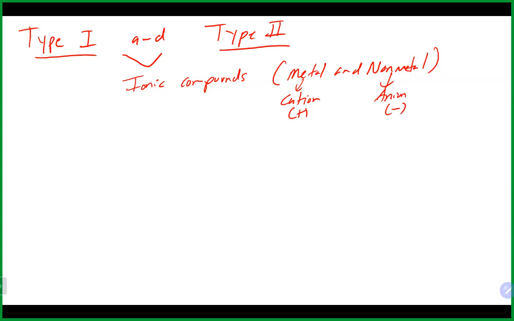So in terms of a type 1 compound, because the metal is always the important one to look at, that is the one we want to focus in on. What makes it a type 1 compound is that the metal basically has a fixed positive charge.